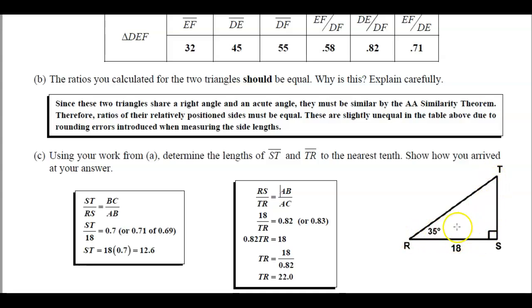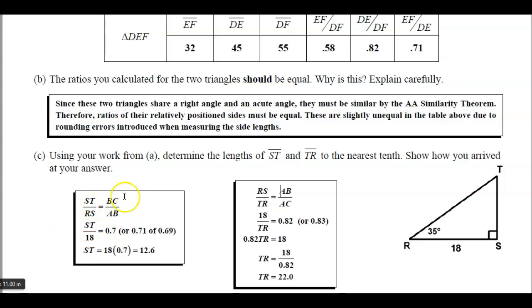Follow my cursor here from 35 across to the side that it's not touching. That's considered the opposite side, and the 18 is considered the adjacent side, the one that's touching this angle. If I divide those two sides, I should get the same ratio as any other pair of opposite and adjacent sides in a 35-degree triangle.